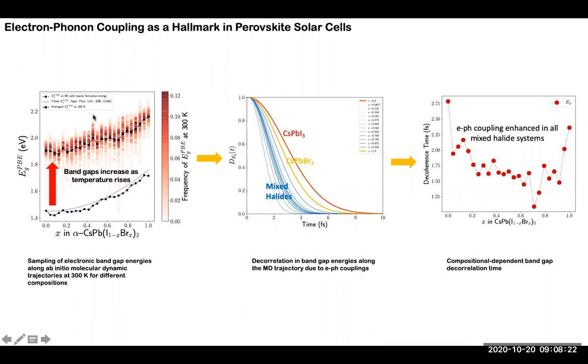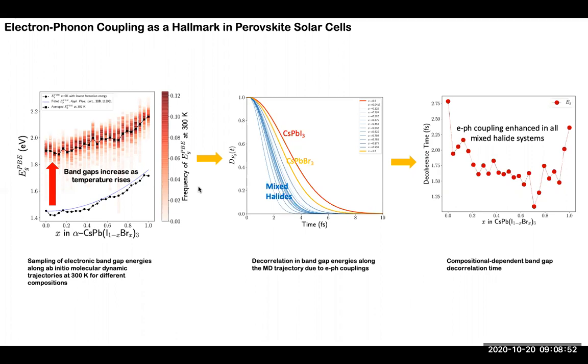And what you can see is that as the atoms vibrate, the band gap energy increased quite substantially compared to the zero Kelvin case. So that's a manifestation of the electron-phonon coupling in these materials. And surprisingly, what we found is that that upshift of band gap energy at finite temperature is almost compositionally independent.